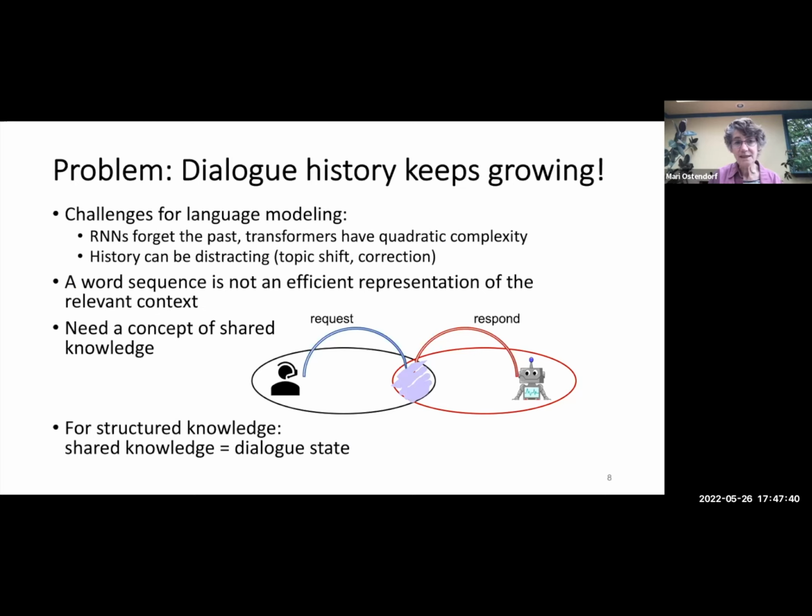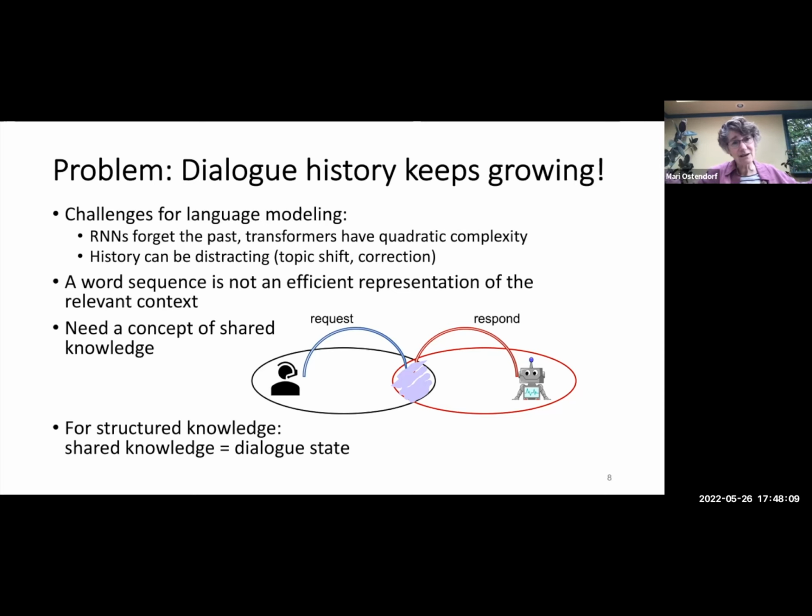So the challenge is, if I'm using an RNN, then you're going to forget the past. If I'm using a transformer, as things get longer and longer, you have quadratic complexity. So that means I have to use big giant language models that, yes, they're getting bigger, but it gets more expensive, and maybe we can do a better job.